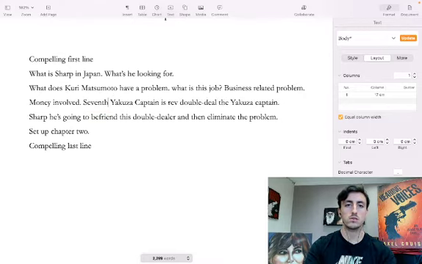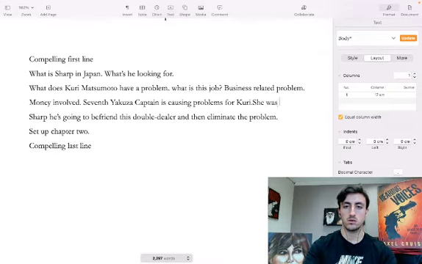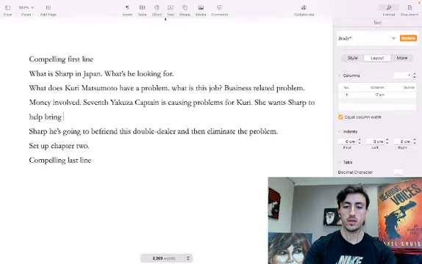The seventh Yakuza captain is causing problems for Kyori, so she wants Sharp to help bring this seventh captain down. Wow, my spelling has gone straight to hell. Okay, bring this seventh captain down.